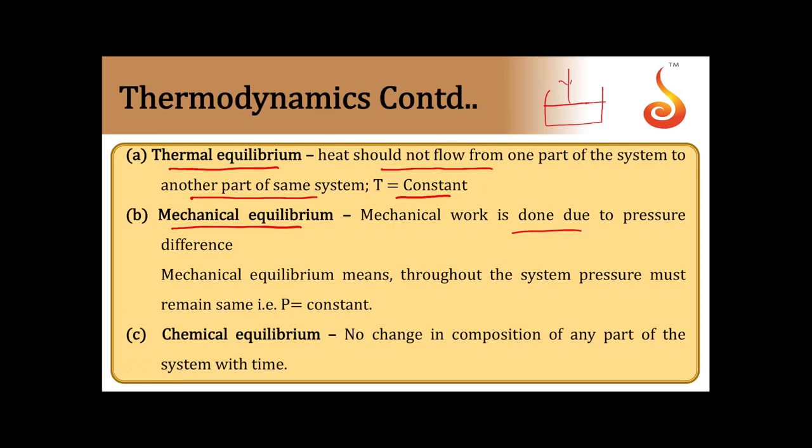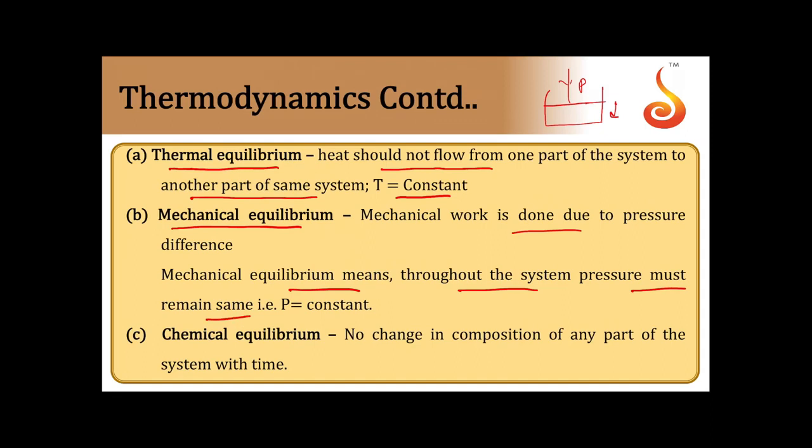When pressure is applied on the piston, it moves down and work is done on the system. So the work is done due to the pressure difference. Now mechanical equilibrium means throughout the system pressure must remain the same. That is said to be mechanical equilibrium.